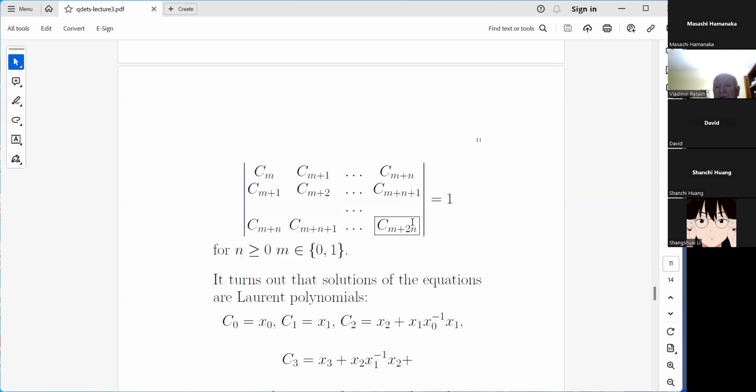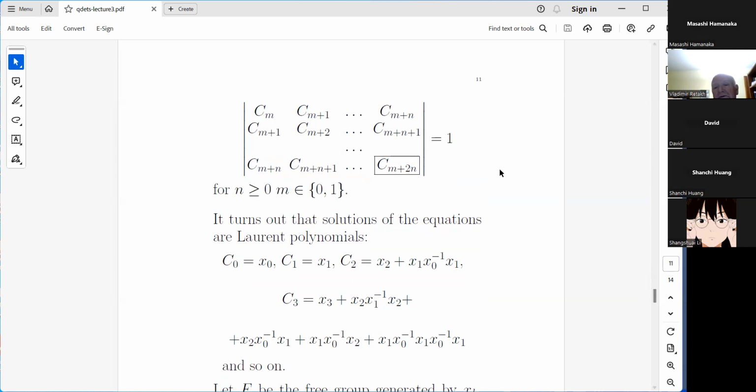Now, the solutions are surprisingly rather simple. A quasi-determinant is actually a rational function, but in this case the solutions are Laurent polynomials. So let me write this. C0 is x0, C1 is x1, C2 is x2 plus x1 x0^{-1} x1.